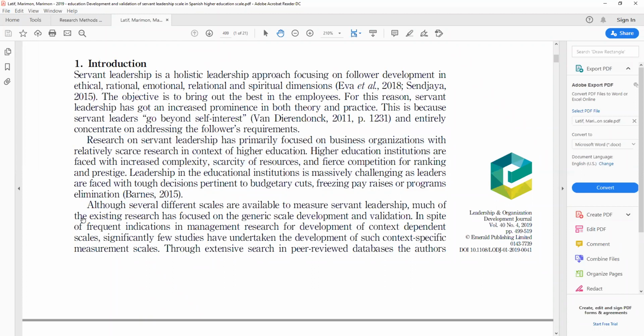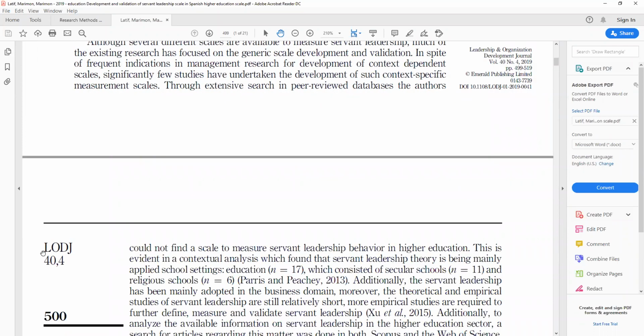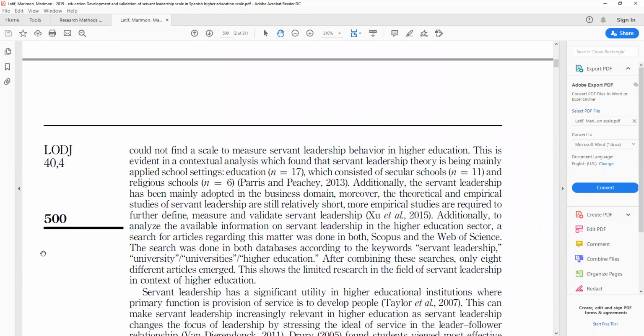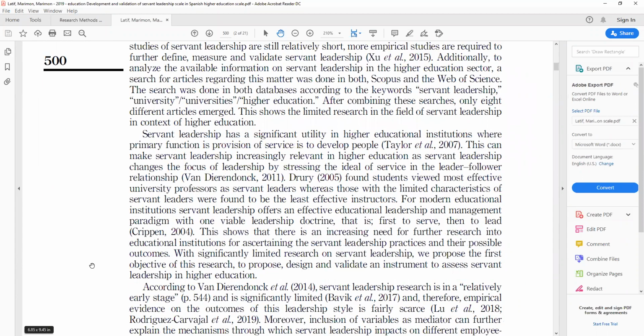Now, if you look at the next paragraph, it talks about the existing research available in this area and what research is available. Now, why is this research important? Servant leadership has a significant utility in higher education institutions, further explaining the need to study servant leadership in higher education.